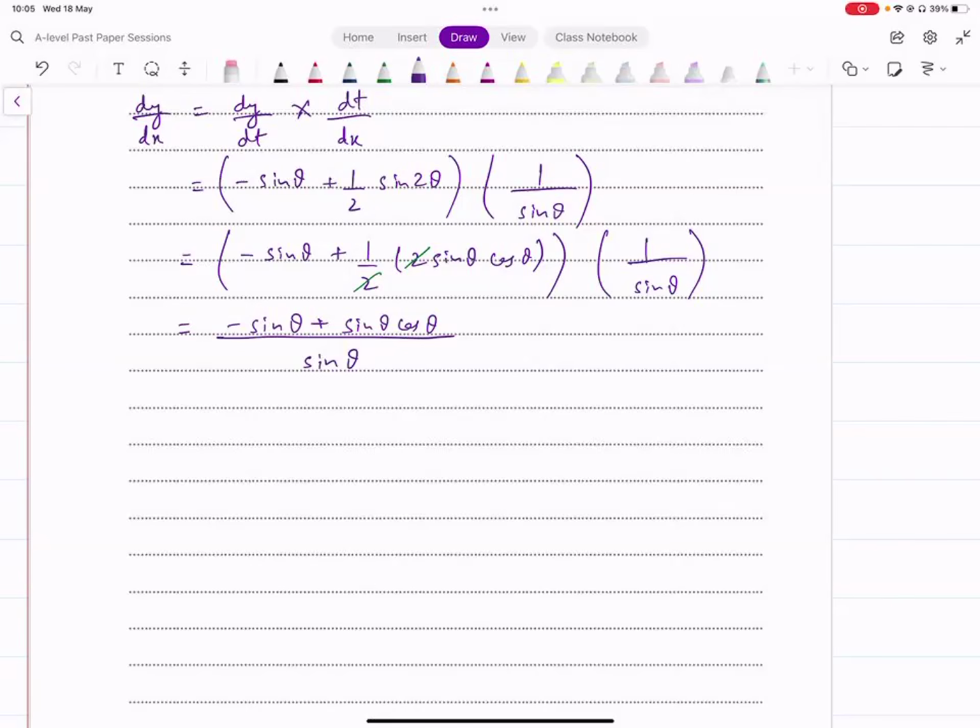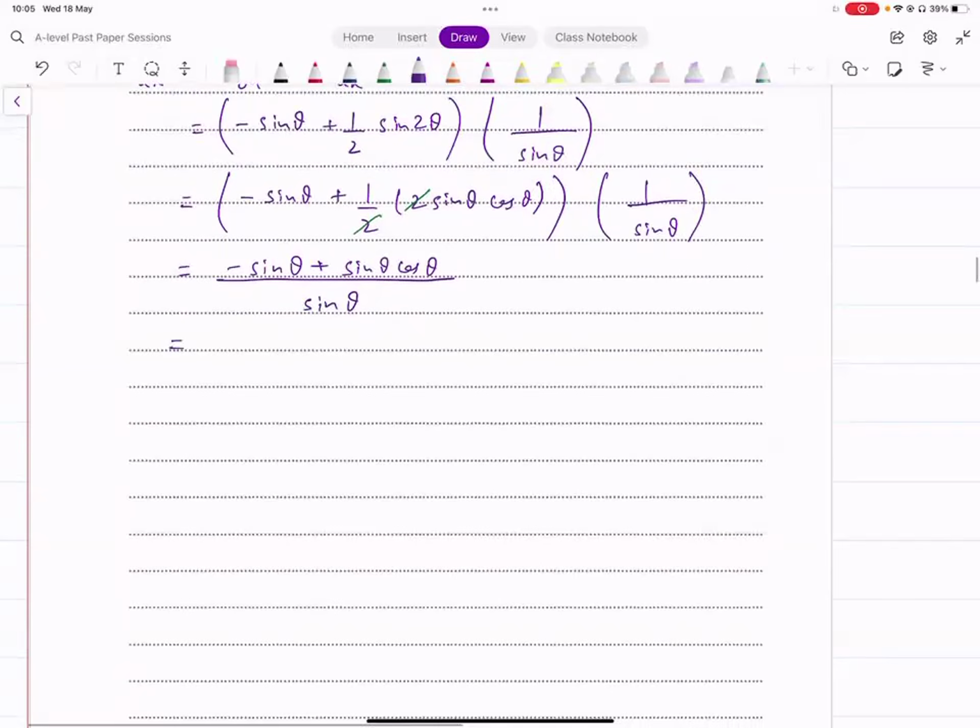Now if you think about this, you can actually just take sine theta common. हम sine theta common ले लें. So how does that help? That will help us cancel out sine altogether. We'll be left with minus 1 plus cos theta here, divided by sine theta.